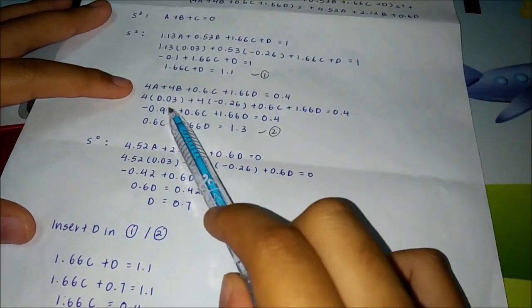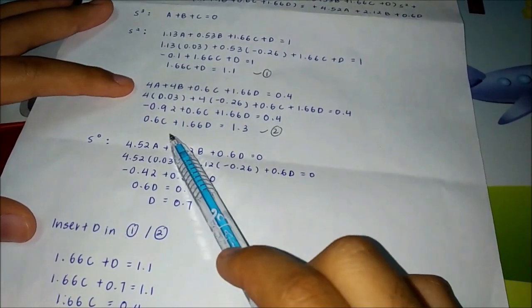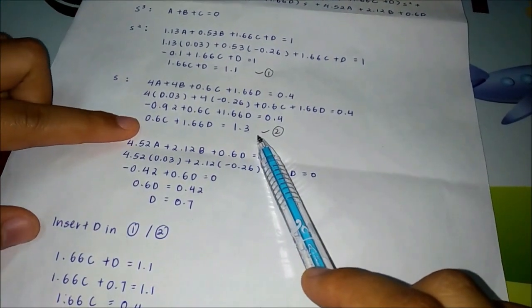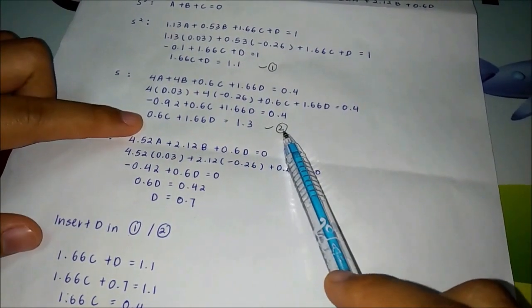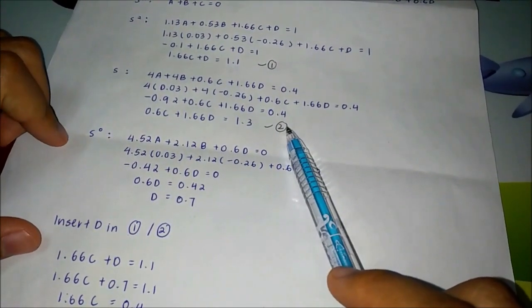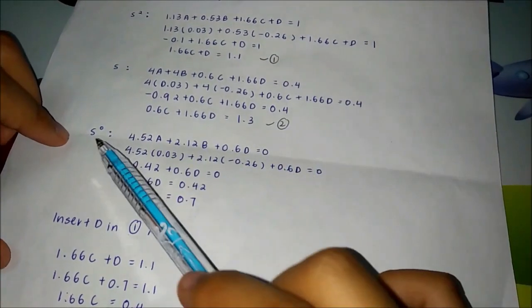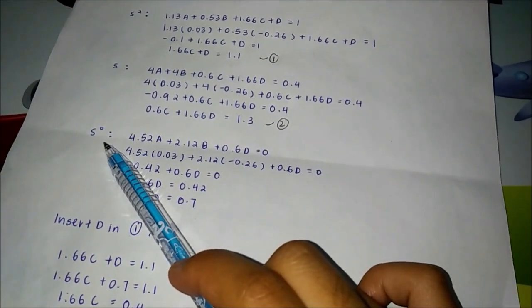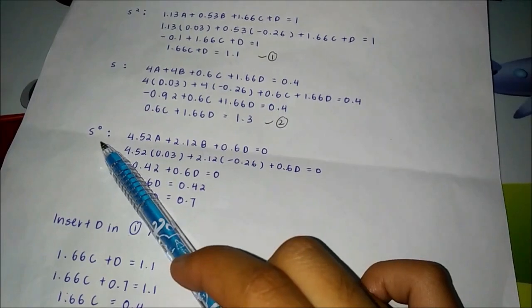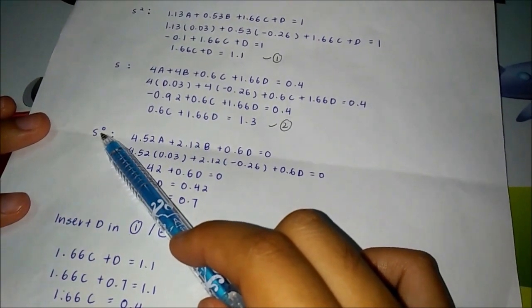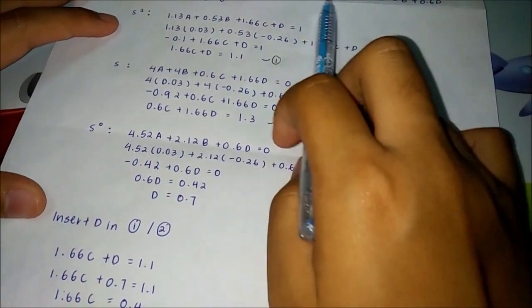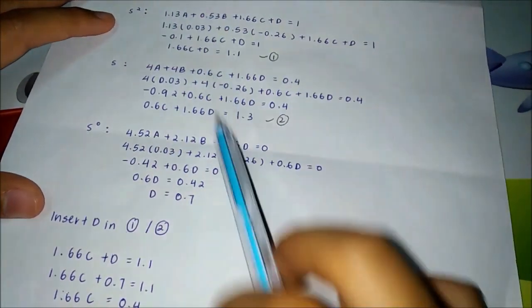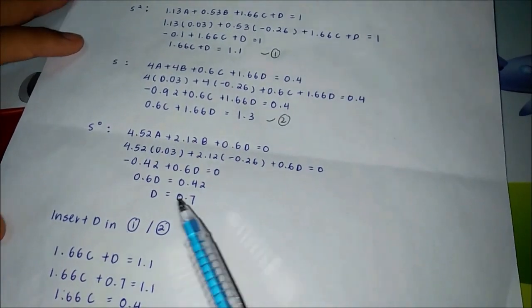We calculate until we've got this equation: 0.6C plus 1.66D equal to 1.3. So this is equation 2. After that we compare again the coefficient of s to the power of 0, and we've got D equal to 0.7.